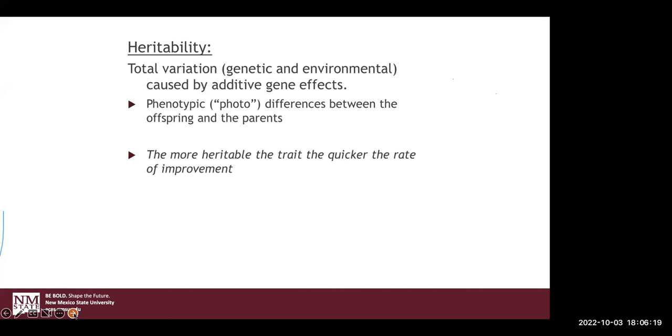So phenotypic traits are those that are things that can be measured, right? Weaning weight, birth weight, things that can be seen. And that's how you can measure that. And the more heritable the trait, the quicker your rate of improvement on that particular trait, okay?